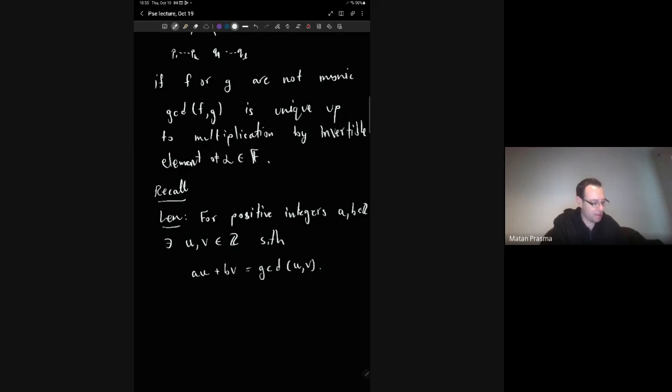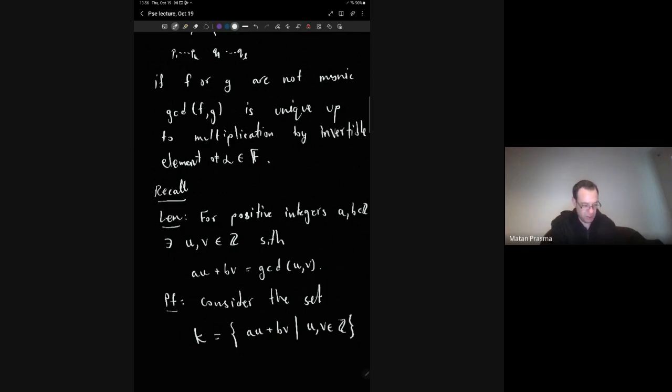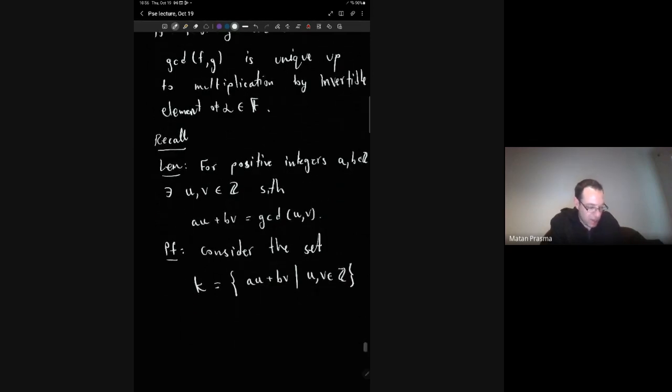So consider the set K to be the set of all expressions of the form AU plus BV, where U and V are integers. Of course, this is a non-empty set because you can pick U and V to be 1, for example.